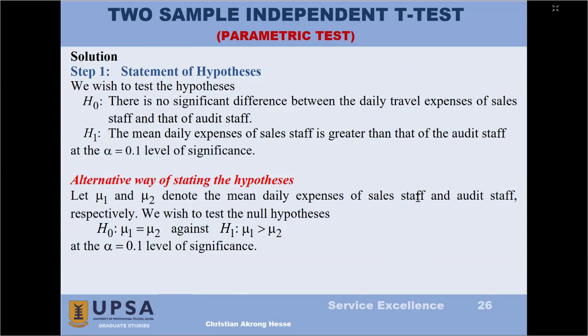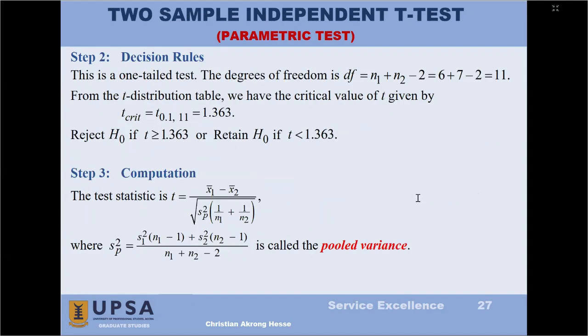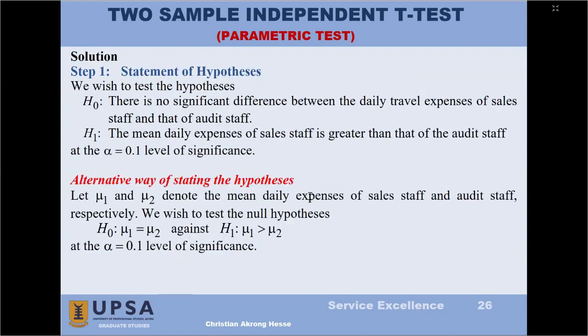H0 says that there's no significant difference between the daily travel expenses of sales staff and that of audit. Then H1 says that the daily travel expenses of sales staff is greater than that of audit staff. And we are testing this at 10% level of significance, that's 0.1 level of significance.